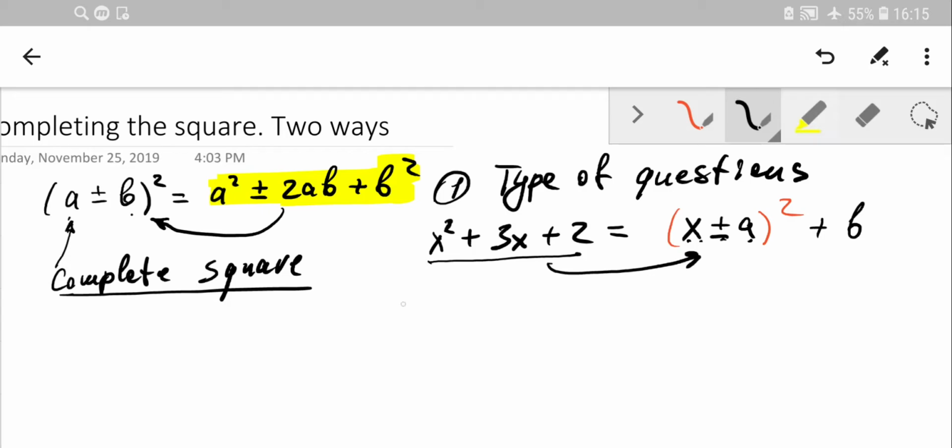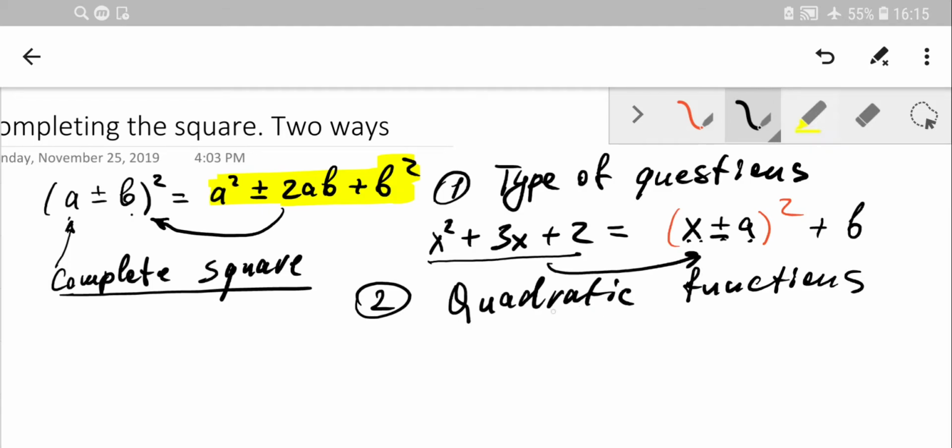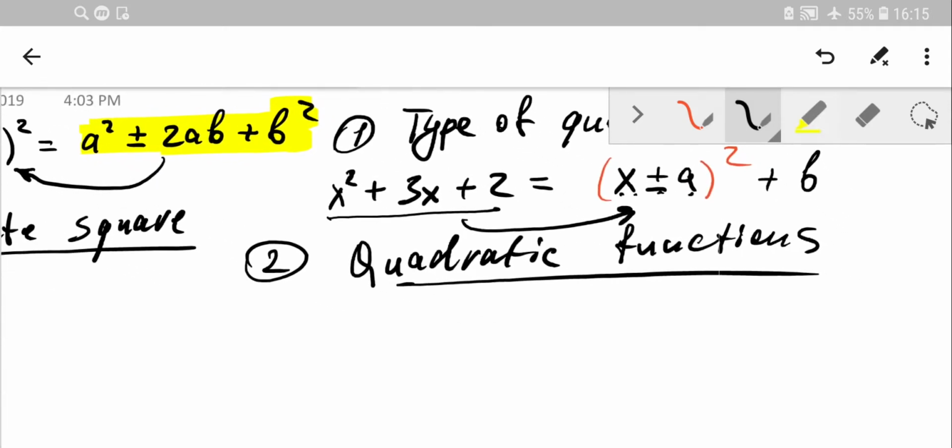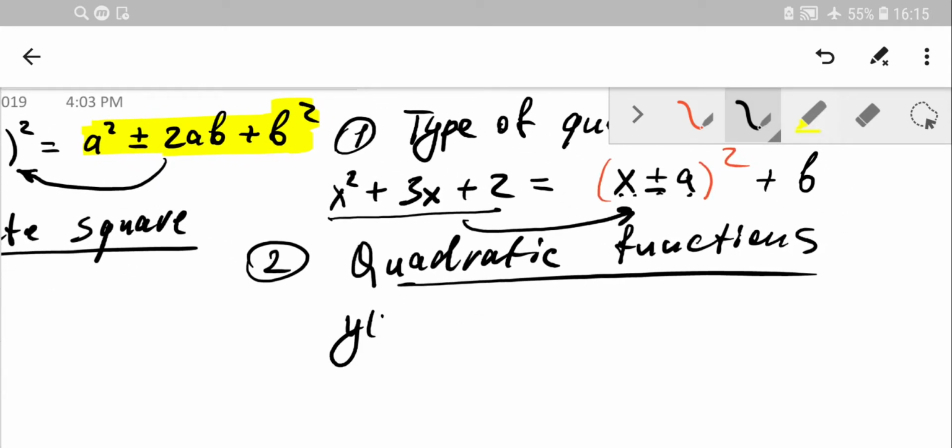That also might be the second type of questions, related to functions and mostly to quadratic functions. What sort of questions might be here? Typically you have a quadratic expression, let's say the same as the previous one, and now we set up a function.